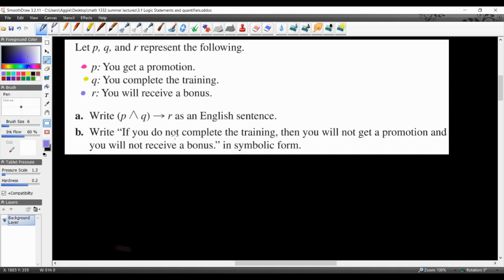So we need to figure out what these things are first. P is you get a promotion. For letter A, we first start with P. So, you get a promotion. That takes care of this part. Then we have a connector, which if I remember correctly is and.